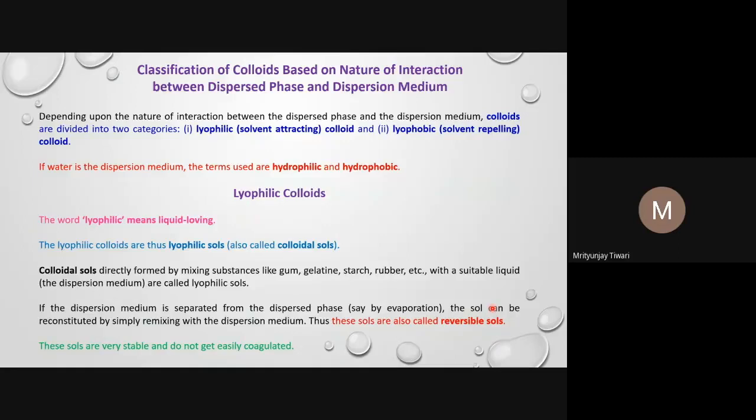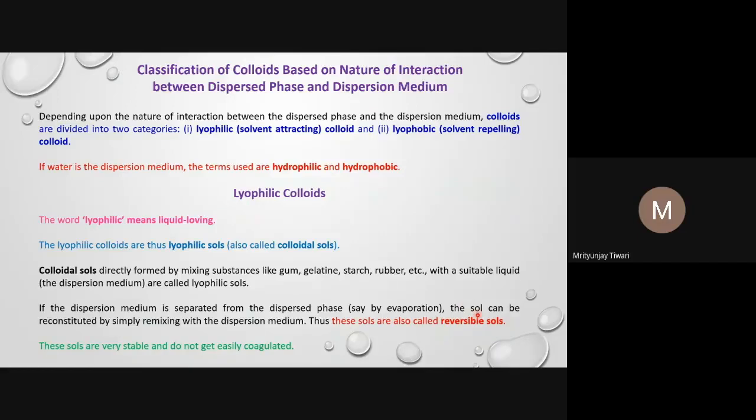Reversible means if by any method you remove the dispersion medium, what is left over is only the dispersed phase, and as soon as you add the dispersion medium, it will again form the colloidal solution. So reversible sol means it can be reversed.